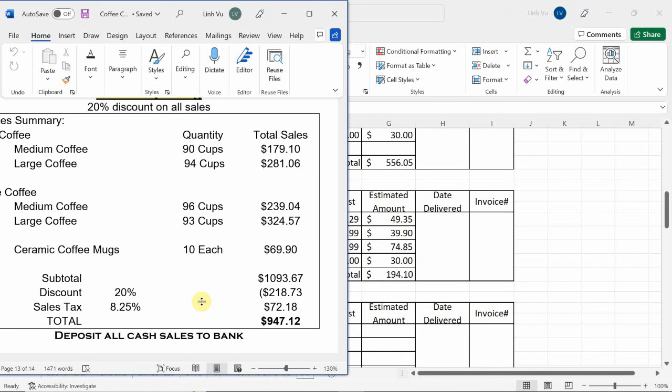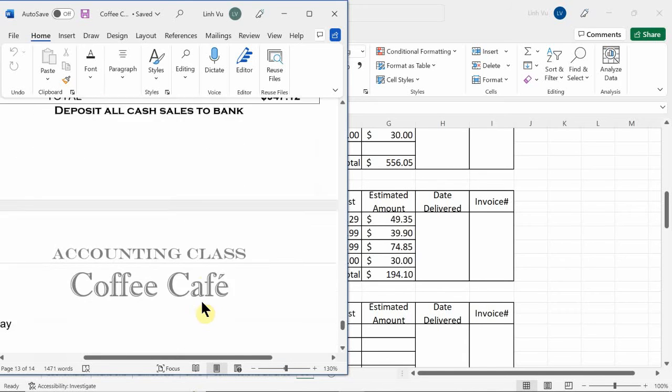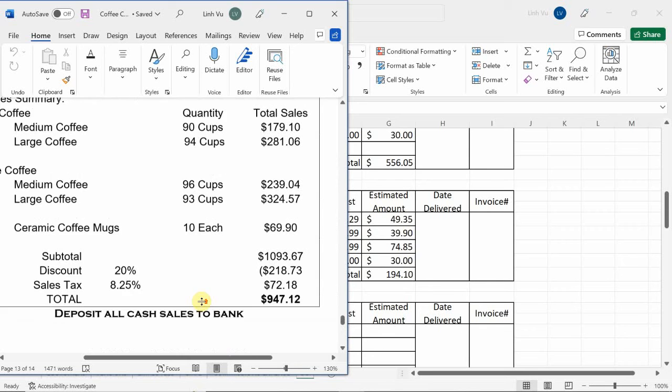This time we sold 90 of the medium regular cups, 94 of the large regular cups, and then 96 of the medium supreme, and then 93 of the large supreme and 10 coffee mugs. We collected $72.18 of tax and a grand total of $947.12, which is to be deposited into our bank.